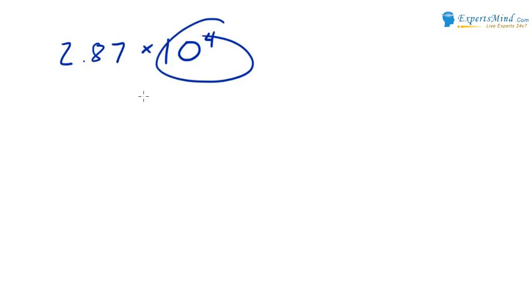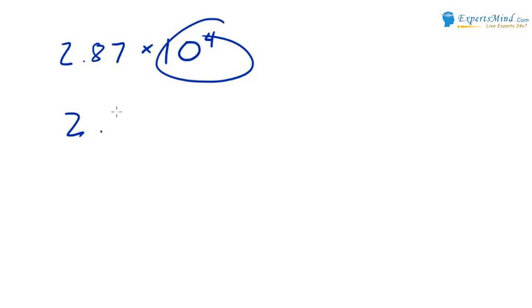If you have that same problem, 2.87 times 10 to the fourth power, and you want to figure out in everyday terms what this number meant, what we could do is say, whenever we have a number like 10 to the fourth power, all we have to do is take this decimal point and move it to the right 4 spaces.